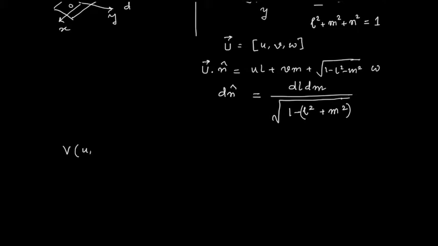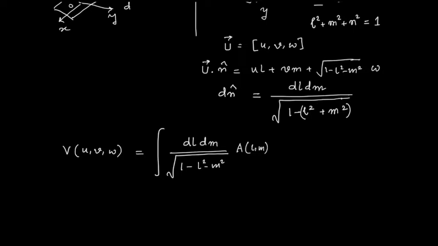My V in terms of u, v, w is now the integral of dl dm, the double integral, I'm just writing one integral sign here, of A_lm I_lm multiplied by e to the power i 2 pi (ul plus vm plus the entire square root of 1 minus l square minus m square times w).